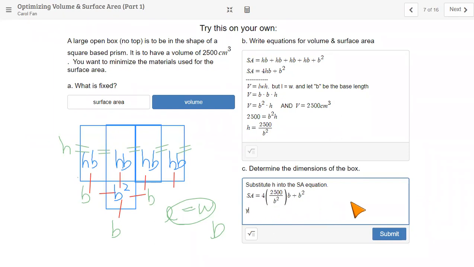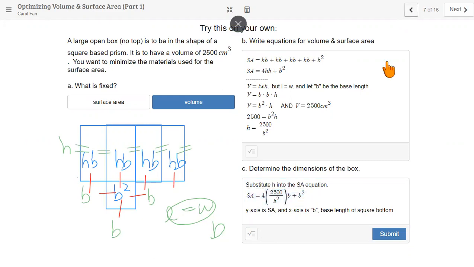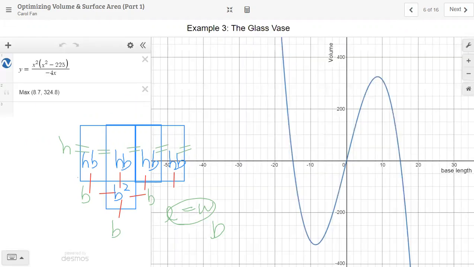So for graphing, the y-axis is surface area, and the x-axis is B, the base length of the square bottom. Let's take this equation, and I'm going to plop it into our graphing calculator.